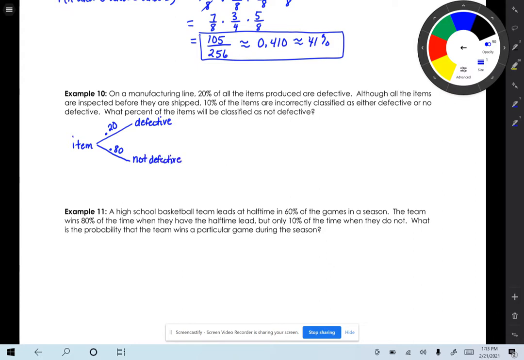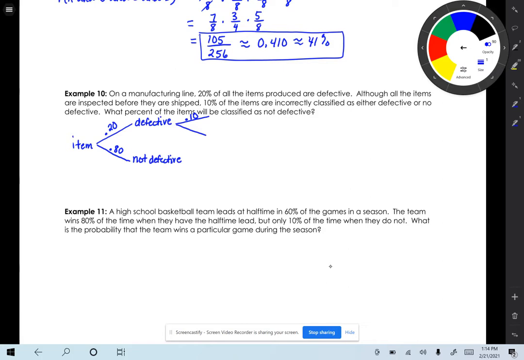Now, reading the second statement, although all the items are inspected before they are shipped, 10% of the items are incorrectly classified. So 10% are incorrectly classified as either defective or not defective. So here you make another branch. So 10% were incorrectly classified.